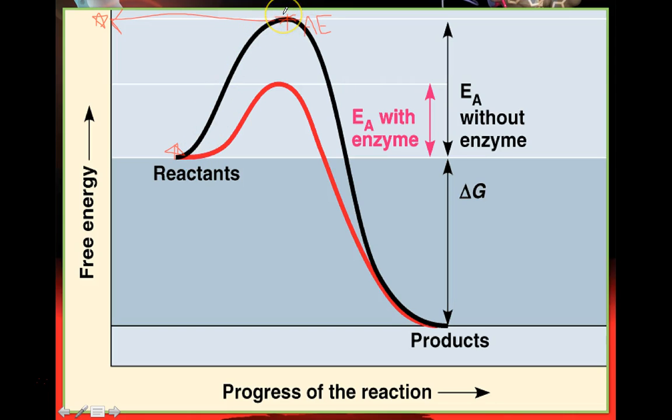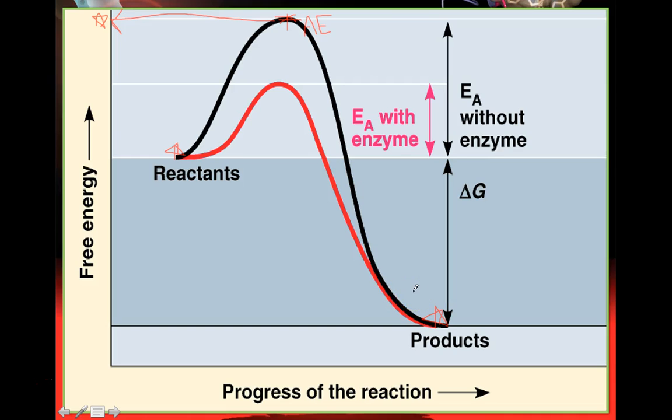We have a very high activation energy, and notice how it drops very fast, and then we have our products ending in the exact same spot. So what this is telling us is that this chemical reaction took a lot of energy to get this reaction done, okay?